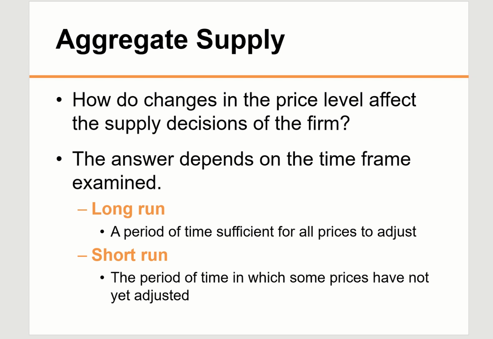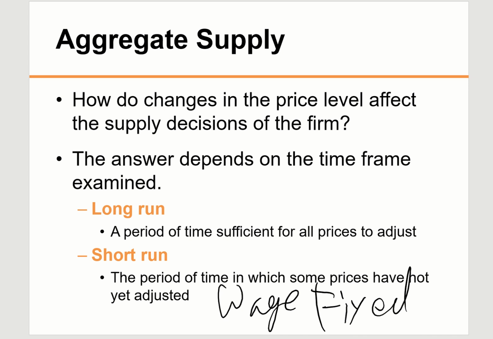Okay, so in this chapter for the aggregate supply curve, we're also going to say that wage is fixed in the short run. Think about this as a very short term, like weekly or monthly payment, a paycheck.